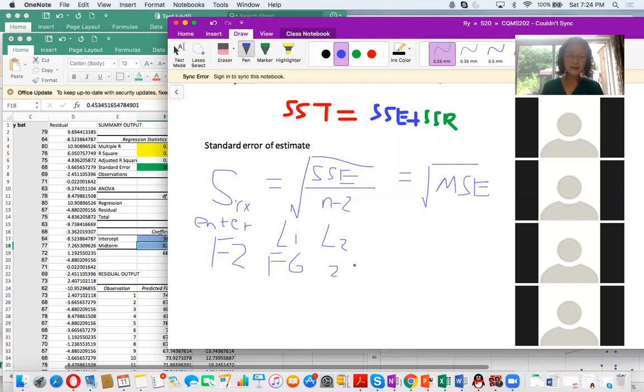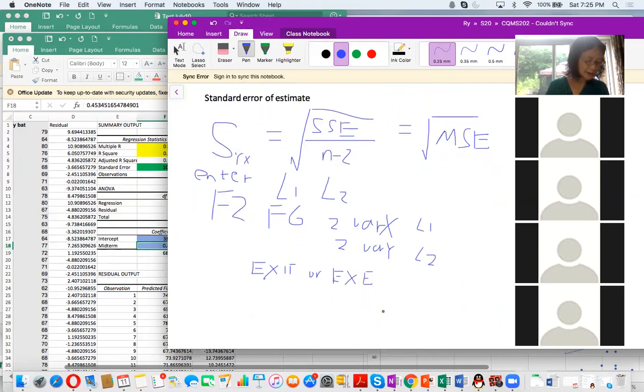And then you have two variable lists. You select list 1 for two variable X, then you select list 2 for two variable Y. After that, you press exit or EXE button.